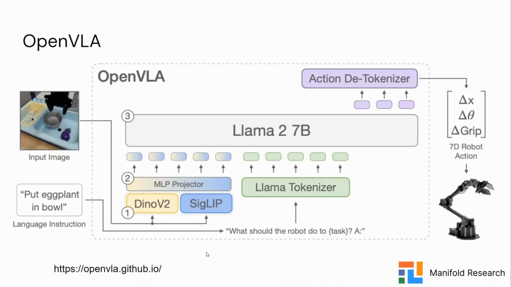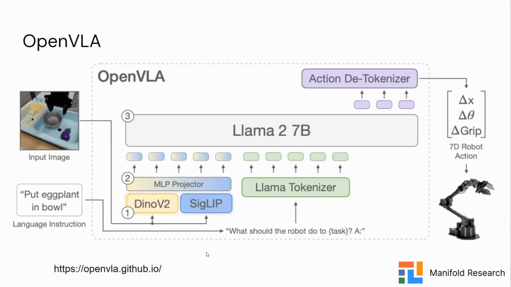The Llama 2 7B model outputs tokens, which are later detokenized using a custom action detokenizer into a 7-dimensional robot action space, with 3 dimensions in position, 3 dimensions in roll, pitch, yaw, and then a gripper command dimension.